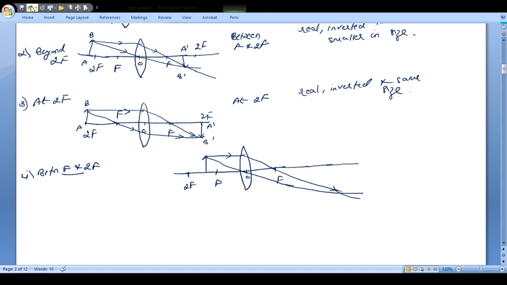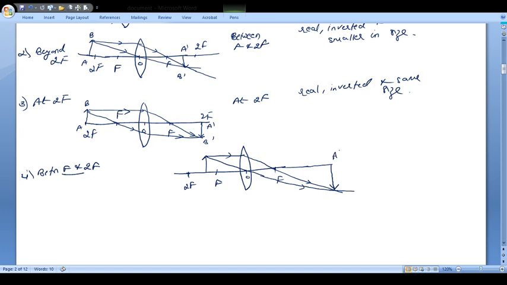I'll just draw this ray once again. Let's start it from this point. A ray from here, you can always take a scale and do it. You will draw it straight like this, and you find that it is going to meet here.